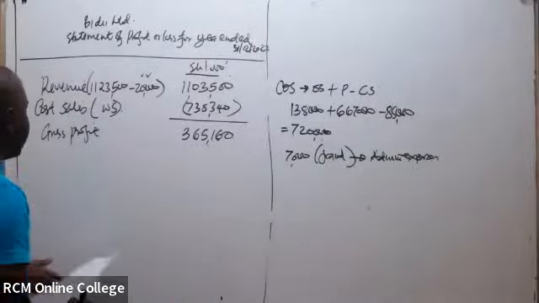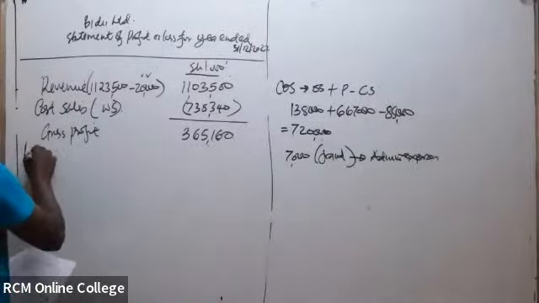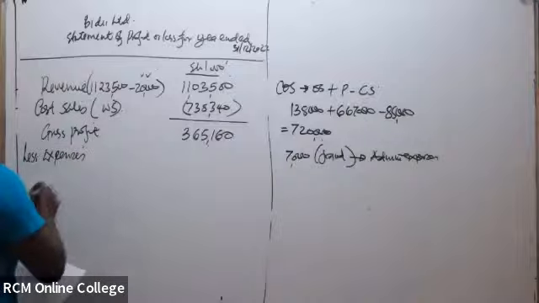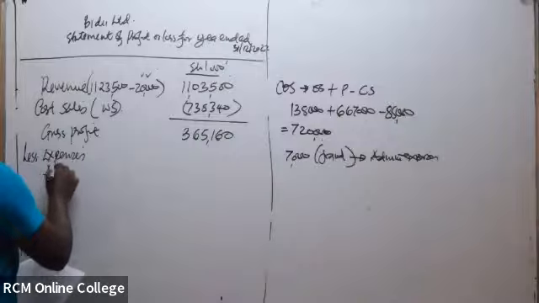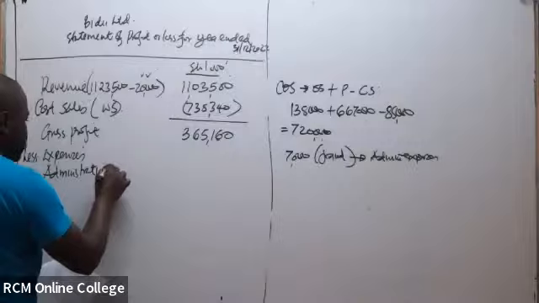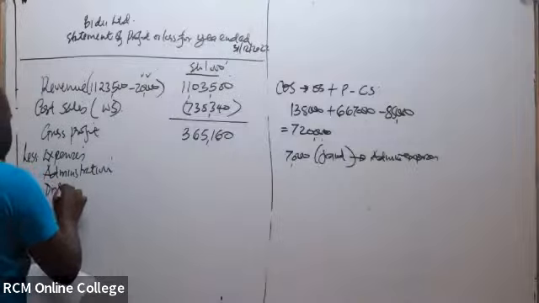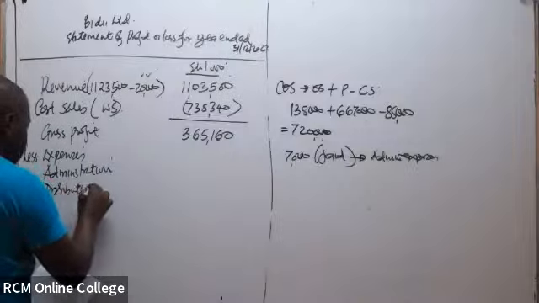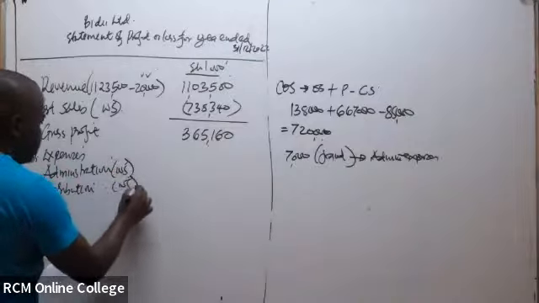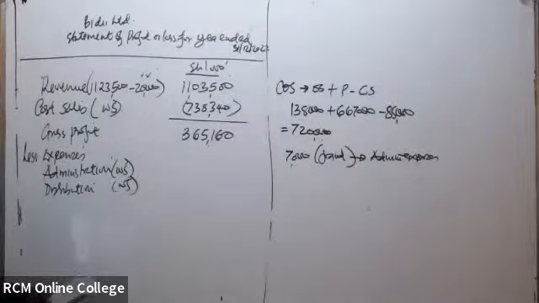Then we can less our expenses. We have administration expenses and distribution expenses, which we've done under working 5. Our administration expenses was coming to 105.